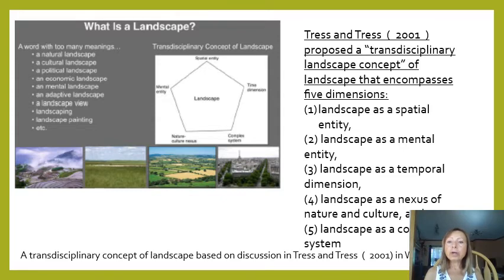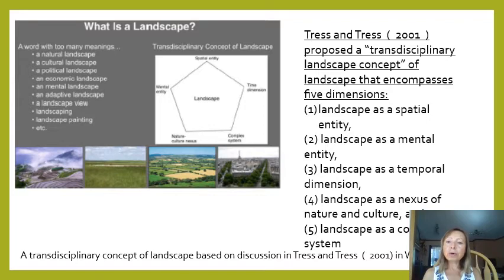We can also think of a landscape as a temporal concept. A landscape has its history, its past and present and future. It's a way of thinking about the history of a certain place.